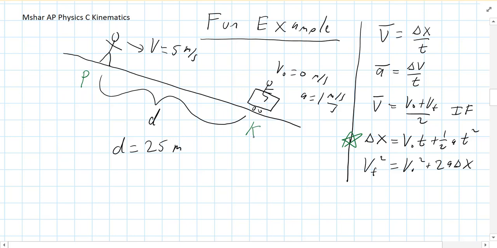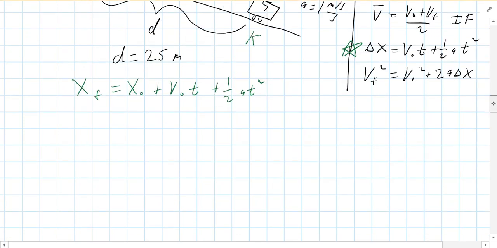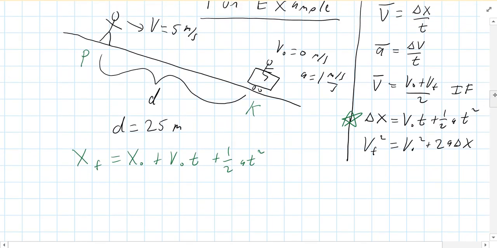And instead of saying delta x, I'm going to actually write the position out. So I'm going to use this version of the equation: x final equals x naught plus v naught t plus 1/2 a t squared. And I'm going to write that equation for both the parent and the kid. So there's going to be two separate equations because I've got two objects moving.